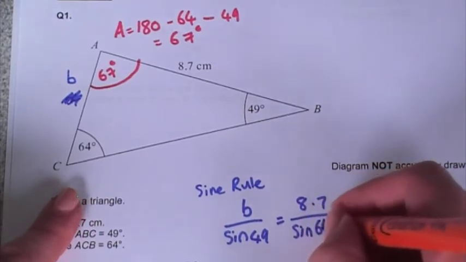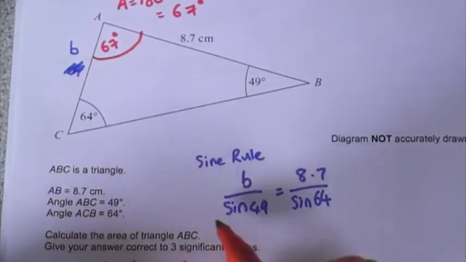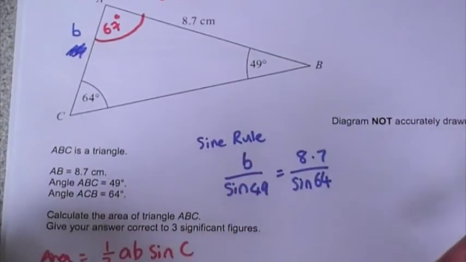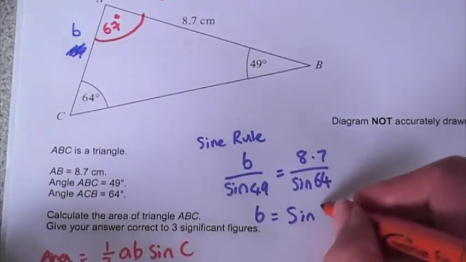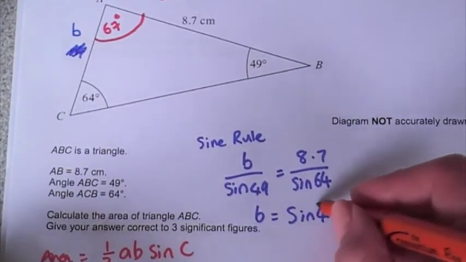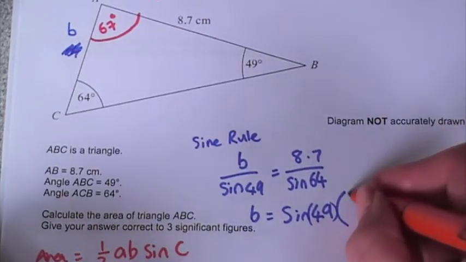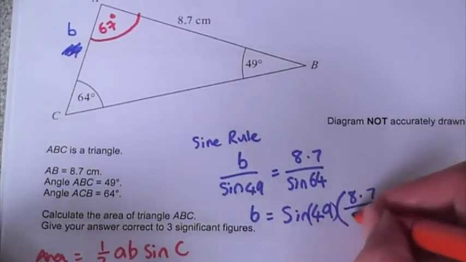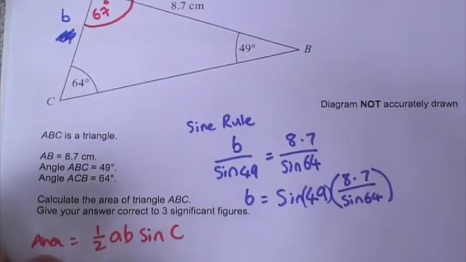So sine of 64. Now, I want b on its own, so I need to multiply that sine 49 away. So I'm going to be left with b equals sine 49, and that would be in a bracket. Then I'll open another bracket because I need to multiply it by the quotient of 8.7 over sine 64.